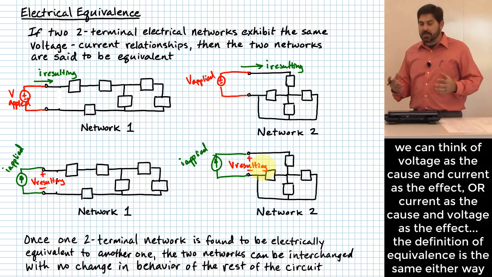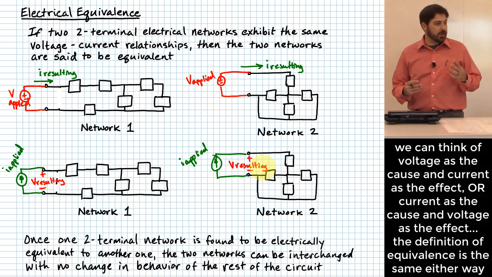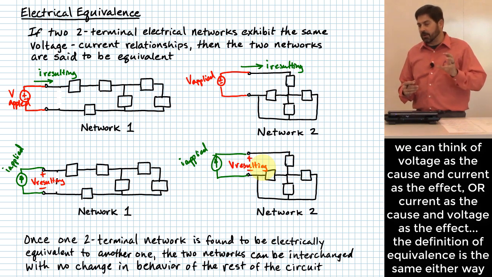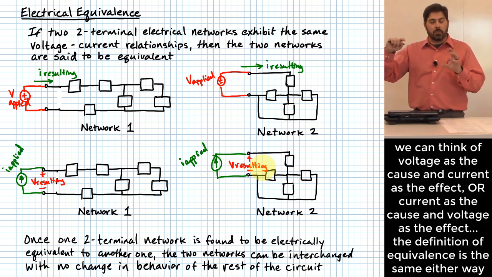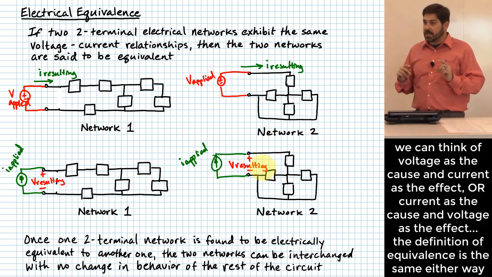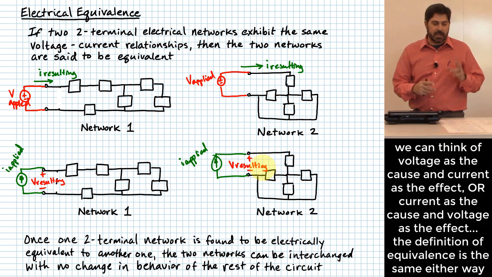They really say the same thing. We generally think of a voltage as the cause of current flowing, but we can also think of it backwards: if we induce a current in something, that will cause a voltage too. We can think of it either way, is my only point.